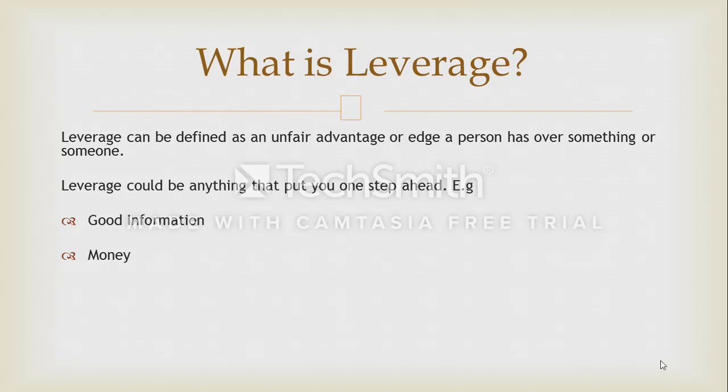Number three, another form of leverage is connection. In this case, I'm talking about big connections, or the connections in the right places. Once you have big connections in the right places, you have leverage. I mean, you will not compare if I have the phone number of, for example, Femi Otedola, and you have the phone number of Terry G, no pun intended, anyways. But the point I'm trying to make is, you cannot compare my connection and your connection.